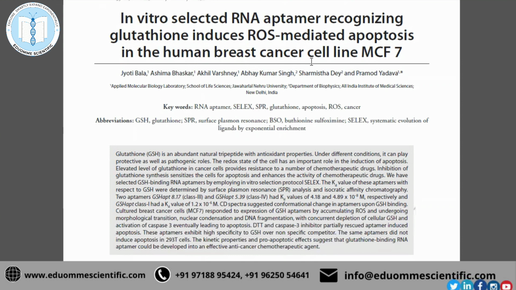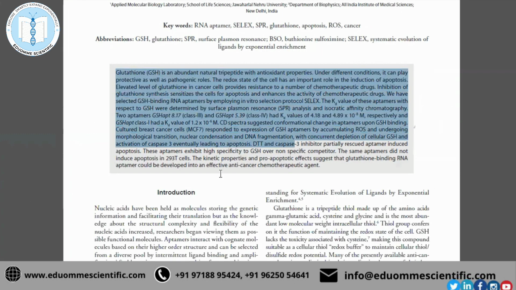And if you are not aware of what aptamers or apoptosis are, then once you read the abstract, you will understand that apoptosis is programmed cell death and inhibition of apoptosis is actually causing cancer. So any agent which can induce apoptosis in cancer has a chance as a therapeutic candidate.